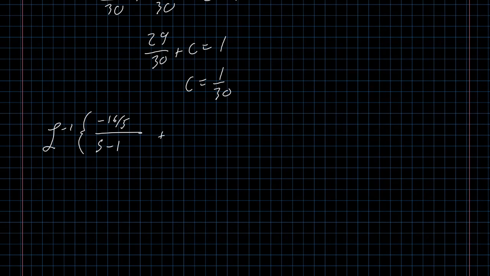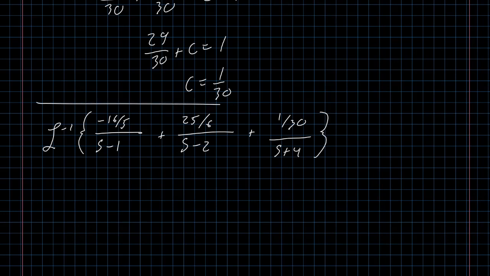I have B, which is 25 over 6, all over s minus 2. And I have C, which is 1 over 30, all over s plus 4. That now finally looks like something we can sink our teeth into.